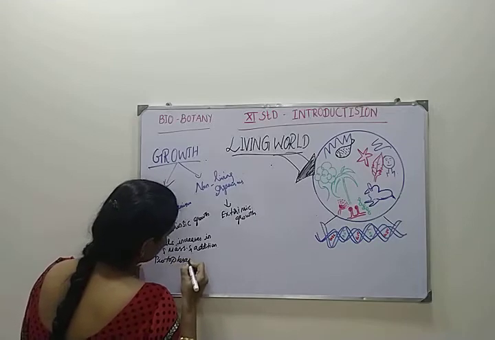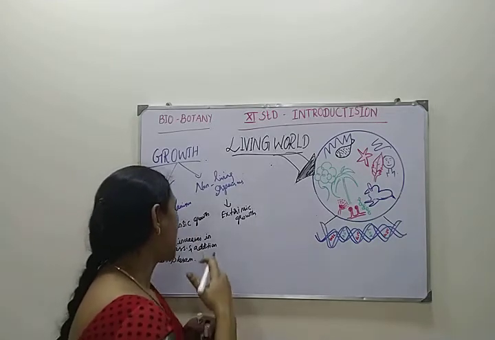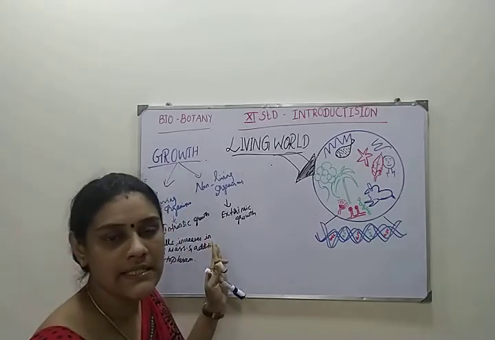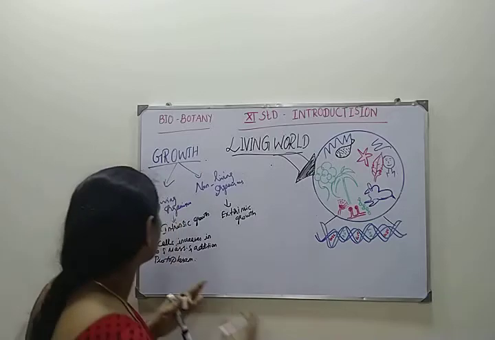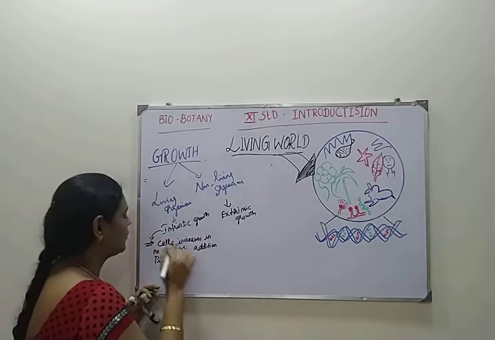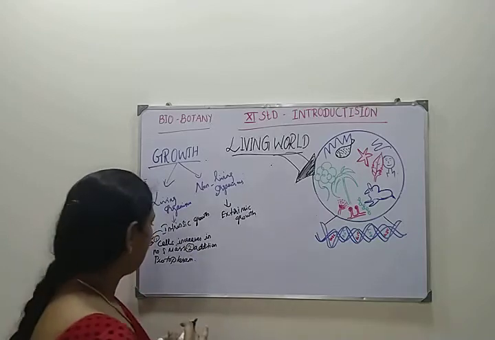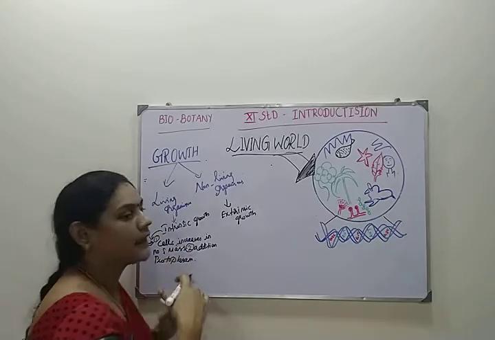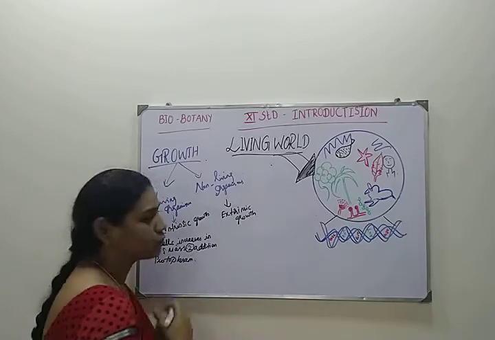Addition of protoplasm, that is, cells increasing in number and mass, is called intrinsic growth. You can tell it in 2 ways. So cells increasing in number as well as mass is called intrinsic growth, or addition of protoplasm.